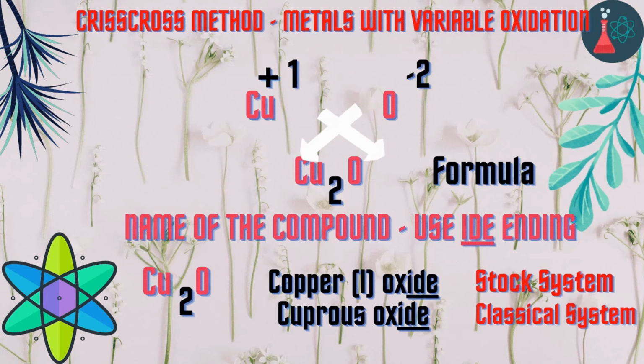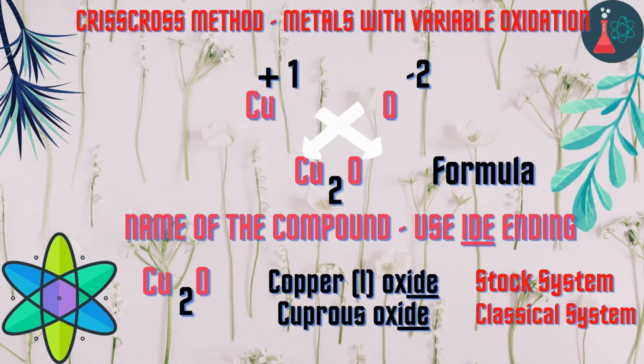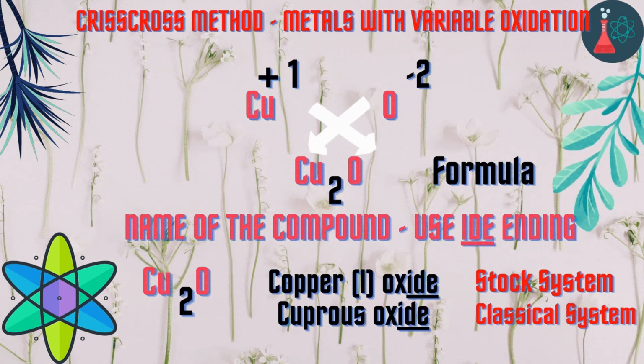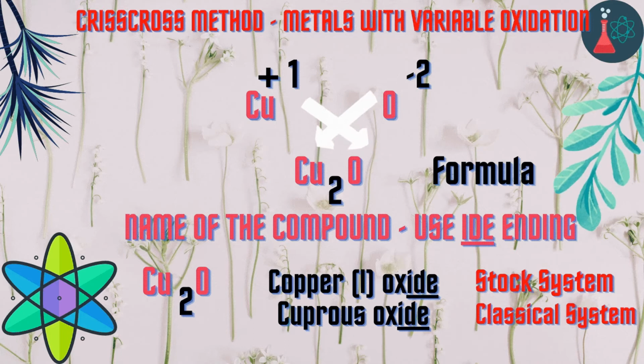Remember the rule. If you're going to use the stock system in naming a metal with variable oxidation number, you use the English name, which is the same as the name given in the periodic table. You write the English name followed by the Roman numeral to indicate the oxidation number of the given metal.